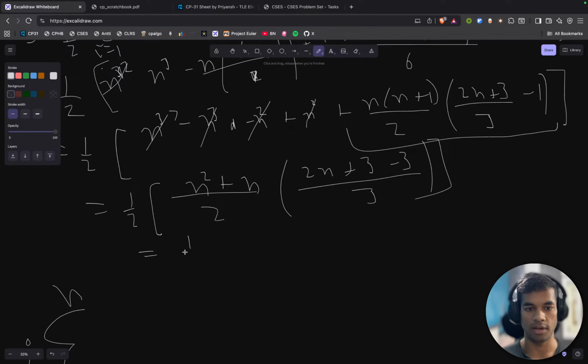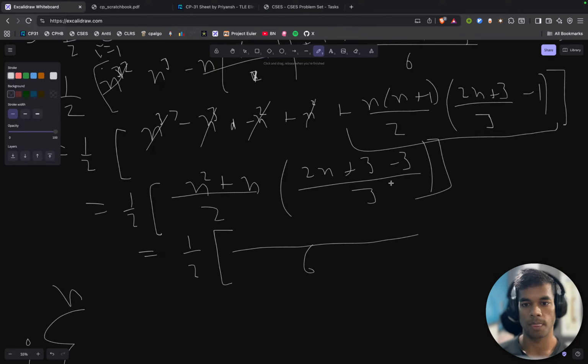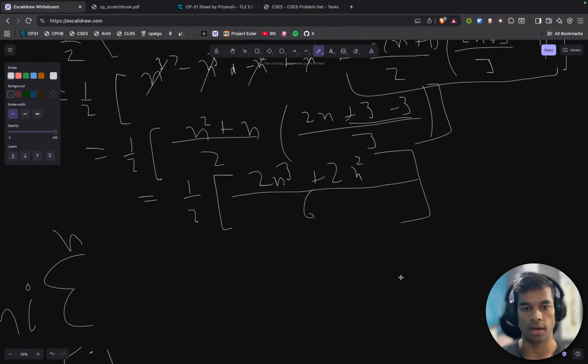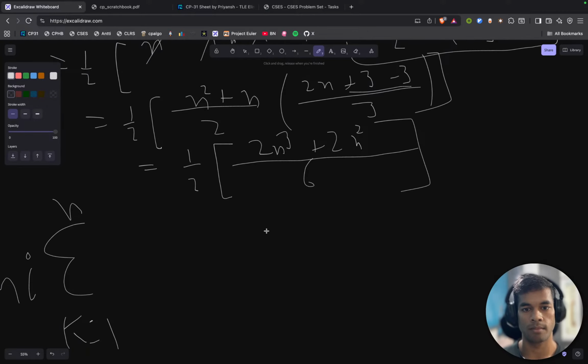I think I messed up at some point, but the order is n cube, so that is a good sign. 6, 3 would be 0 into 2n, so this would be 2n cube plus 2n square, and I can cut off that 2. So n cube plus n square by 6.